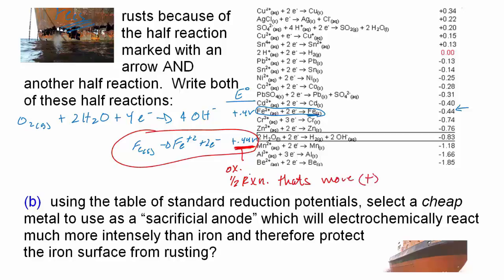What could we use? Well, go this way, that's not more positive. That's only going to be positive 0.4. So we need to go this way. This is a possibility. Zinc solid or chromium solid.